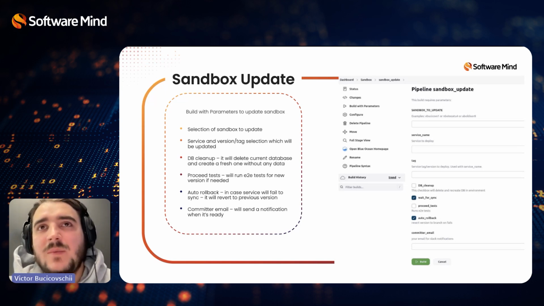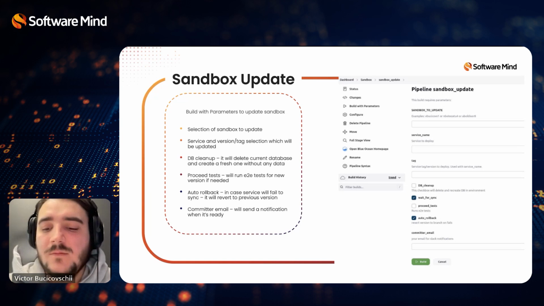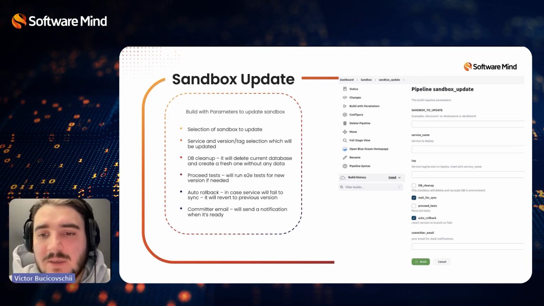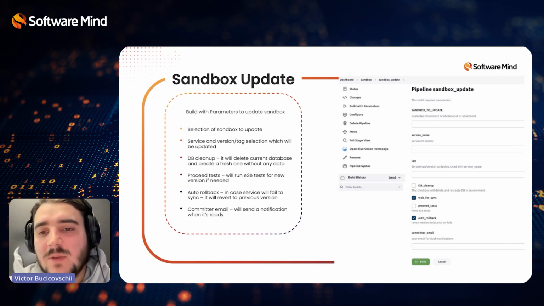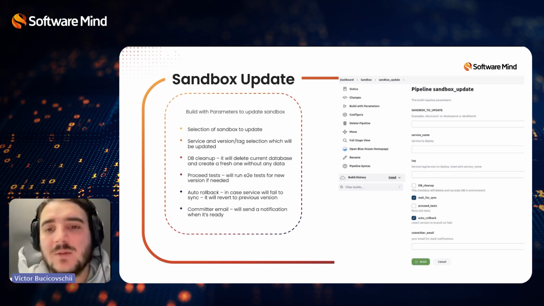We can do it on a new clean database. But as I saw, often people just create a new sandbox, which is also an option. And also proceed tests and commit email to have a notification when the update is done.